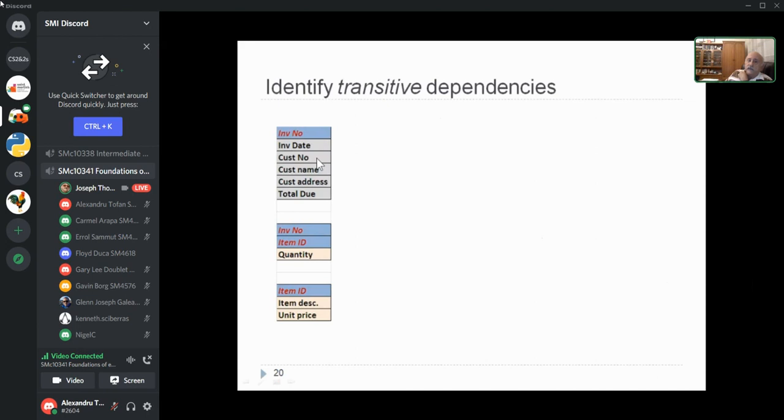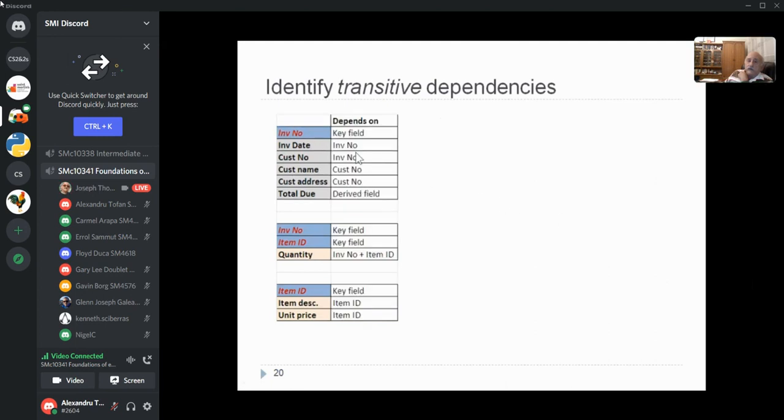So it's a transitive dependency. So we need to move it out to a separate table. Similarly, customer address gives us information about customer number, not about invoice number. So it's another non-key field giving us a characteristic of another non-key field.